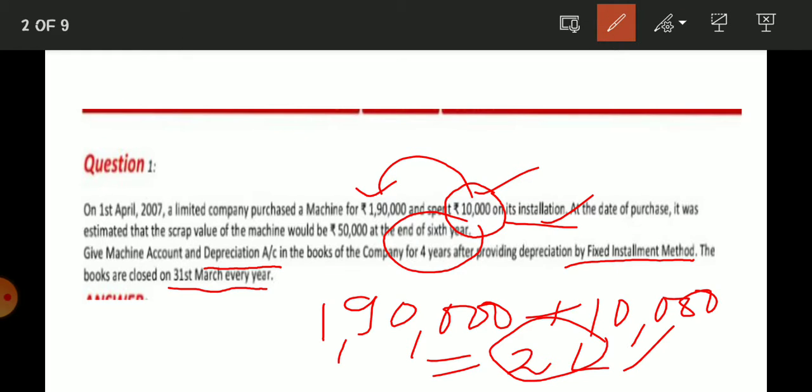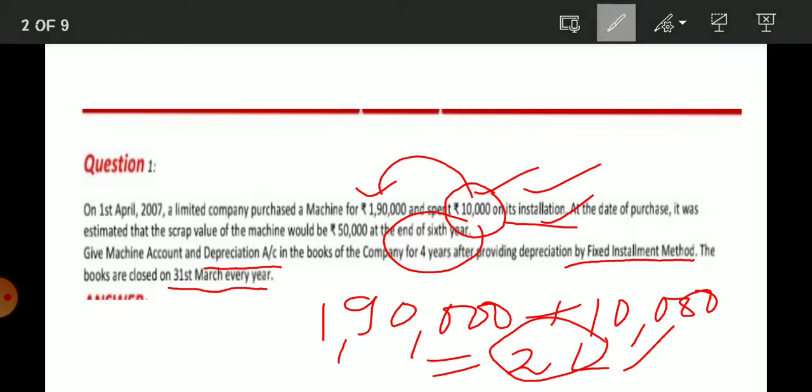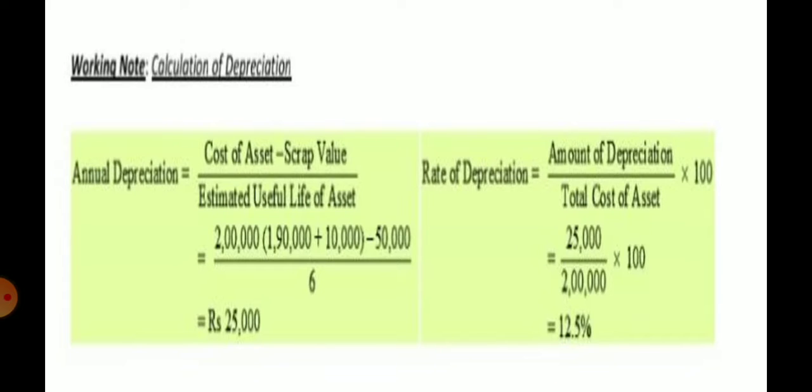Remember that. Now, first of all, we have to find out the amount of depreciation to be charged on machinery. For calculating this, we have to use a formula: annual depreciation is equal to cost of asset less scrap value divided by estimated useful life of asset.